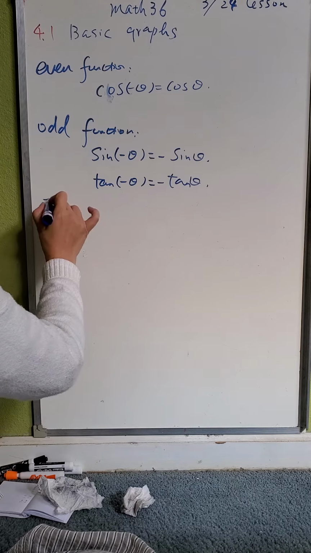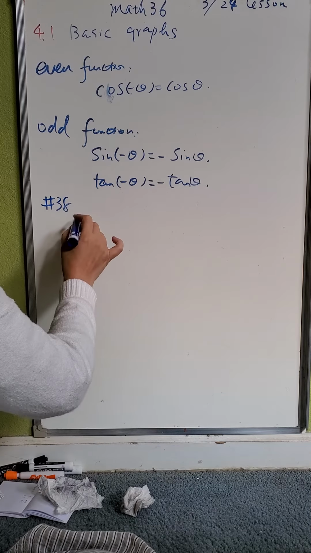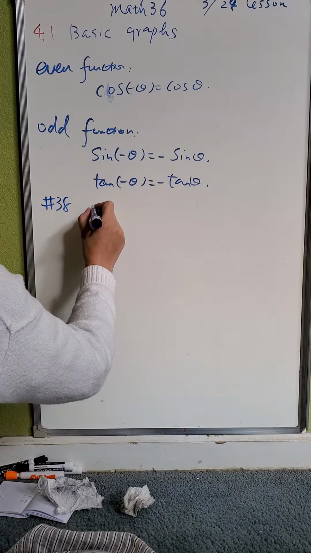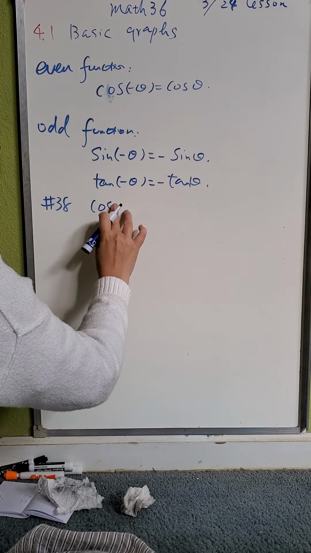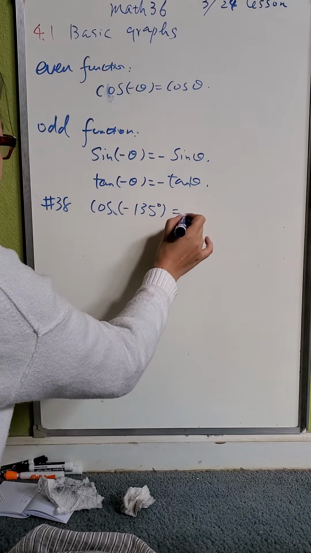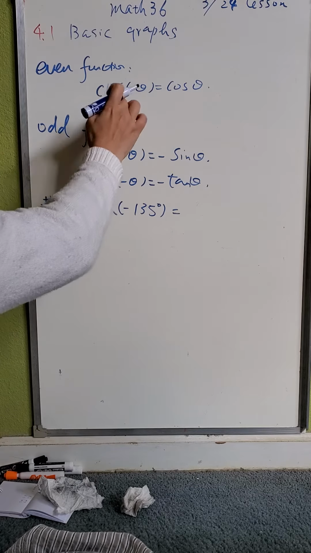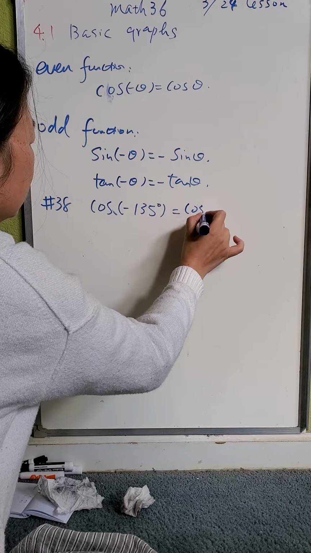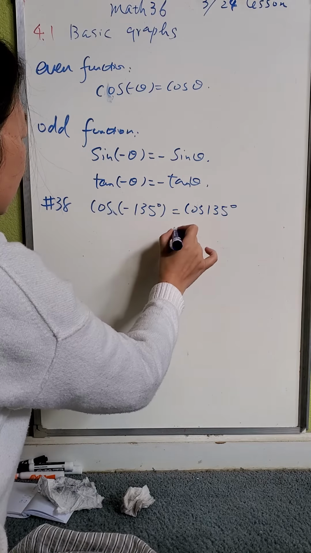So let's look at number 38. We have cosine negative 135 degree. Well, by the even function, it just equals cosine 135 degree.